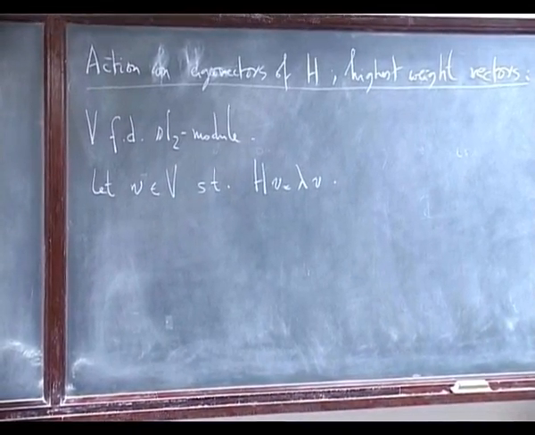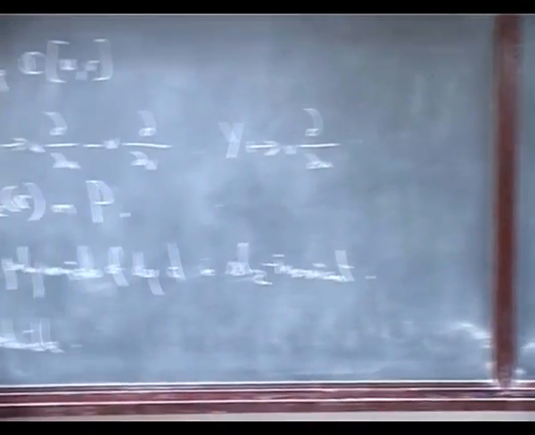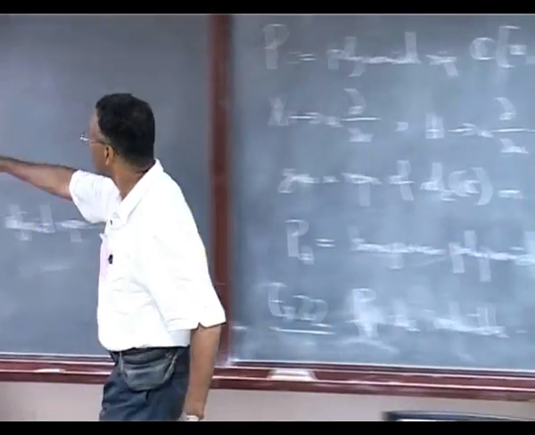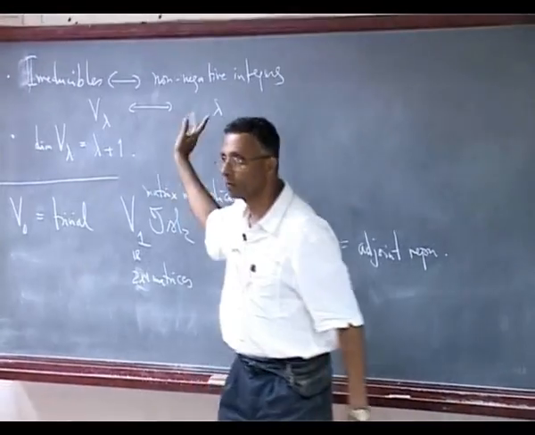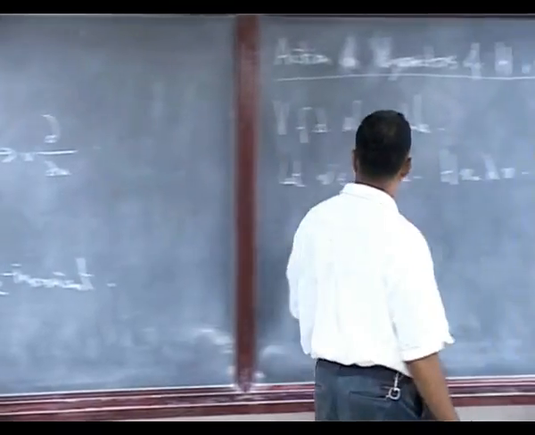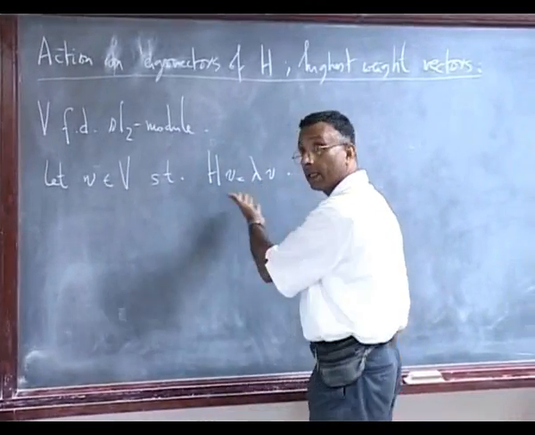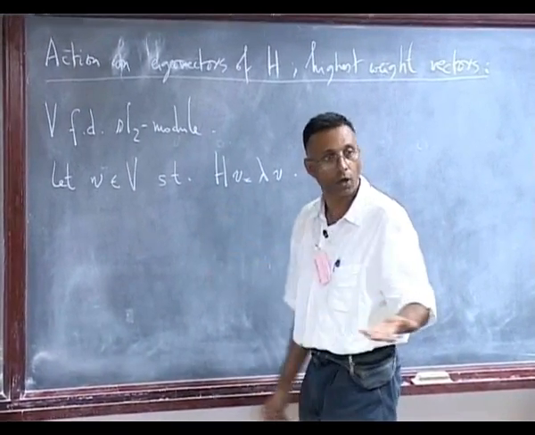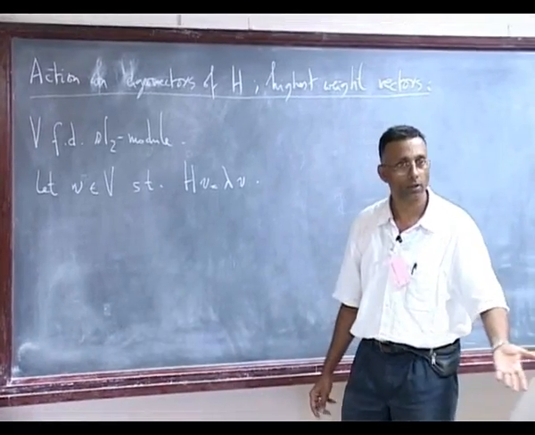I'll use lambda like that, but that lambda is not to be confused with the earlier lambda. Such a v and lambda exist because we are over the complex numbers, and H is a linear operator on this space.